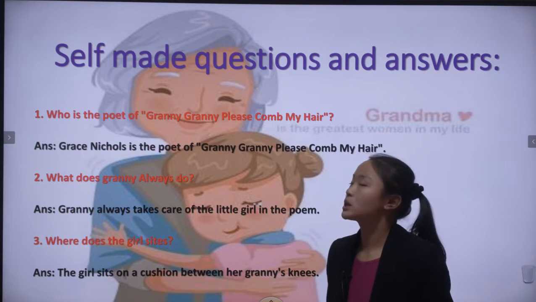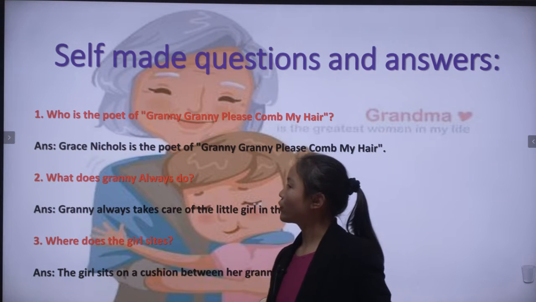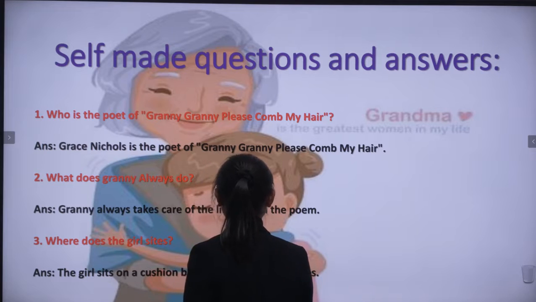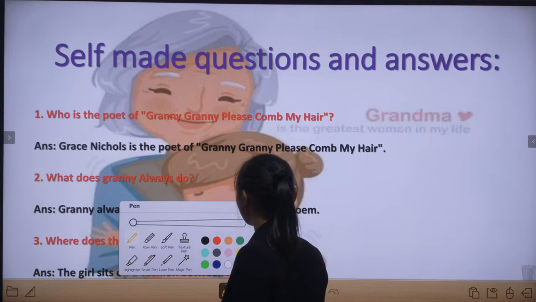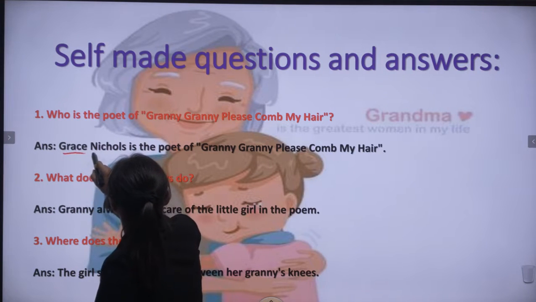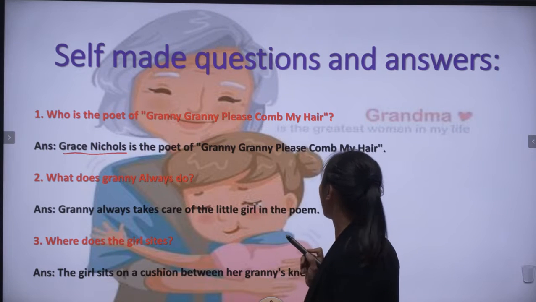Now who is the poet of this poem? The answer is Grace Nichols is the poet of Granny Please Comb My Hair.